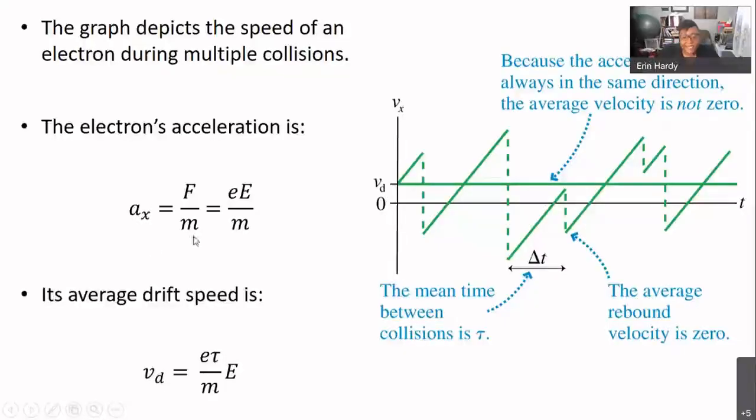Now I can get rid of the acceleration here and express it as some combination of the average drift speed and the mean time between collisions. And I end up with a speed that I can express in terms of this product: a charge in coulombs times a time in seconds divided by a mass in kilograms.